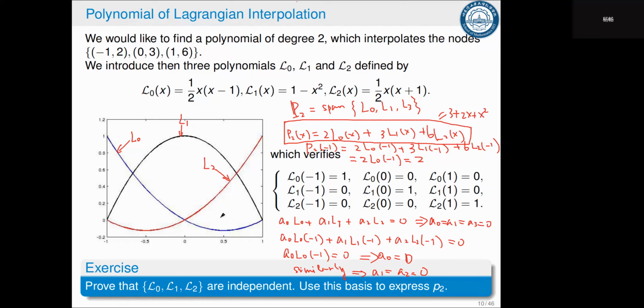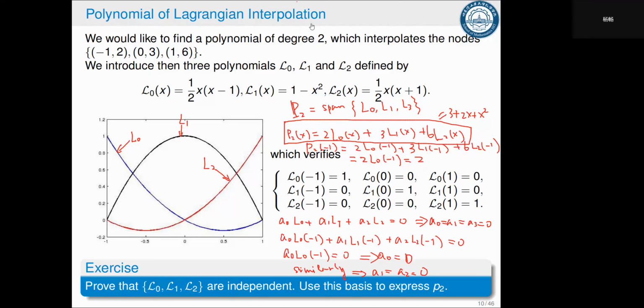The key point is to find the basis L0, L1, and L2. Once you find them, the last step is to make a combination with the values 2, 3, 6, and these are nothing but yi.